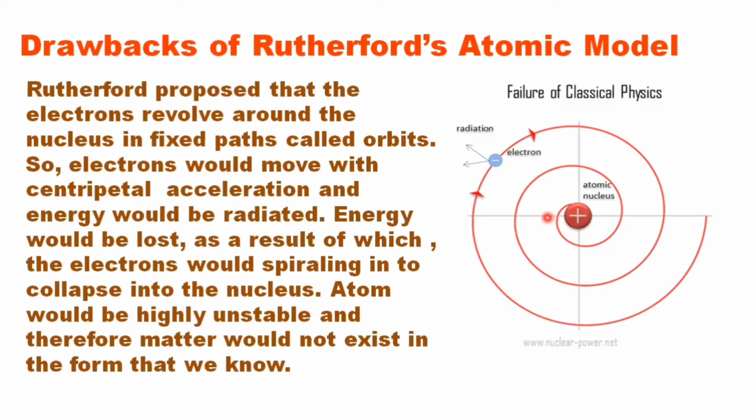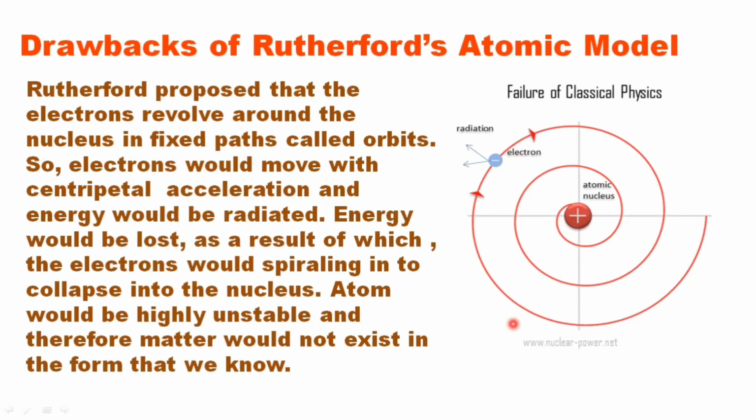As you can see here in the diagram, this is the orbit where the electrons would revolve. So electrons would move with centripetal acceleration and energy would be radiated.